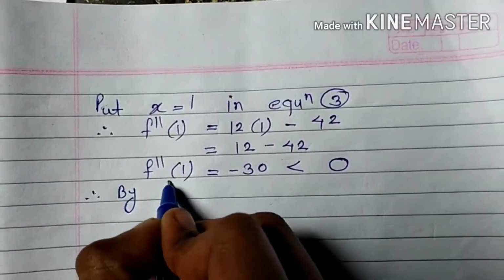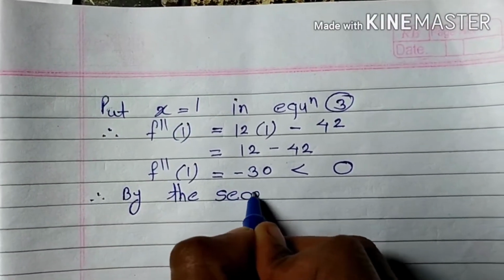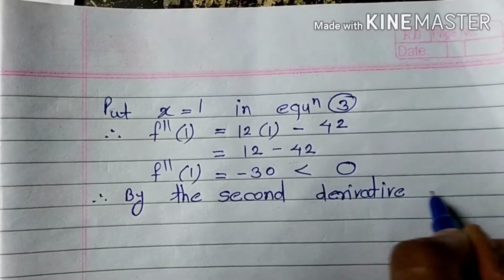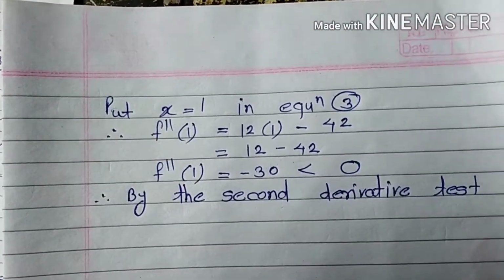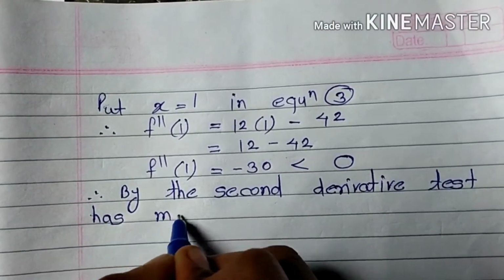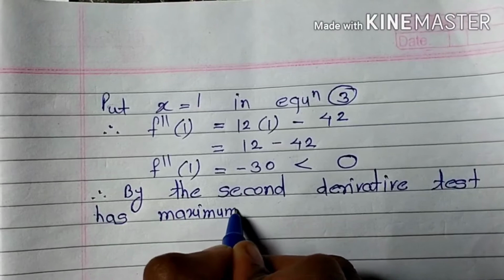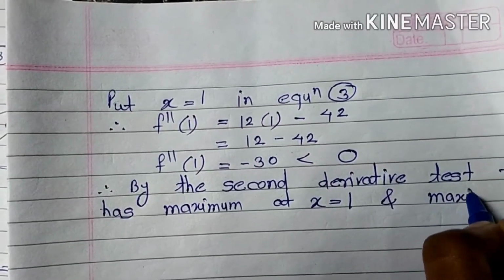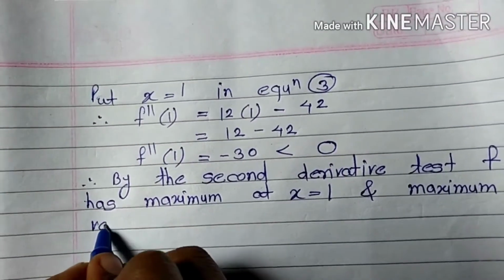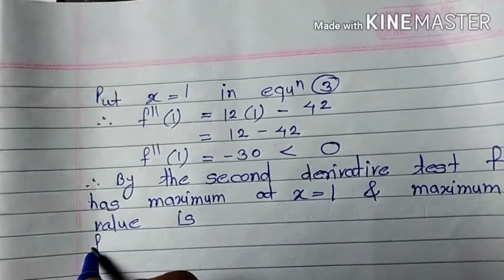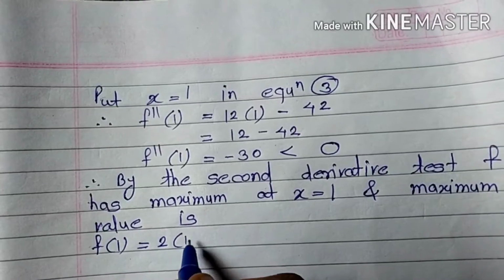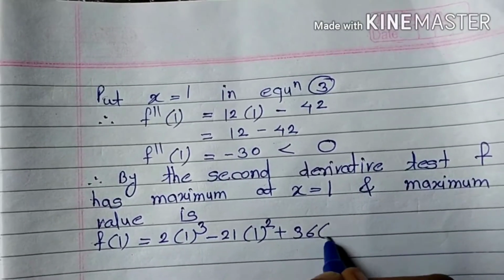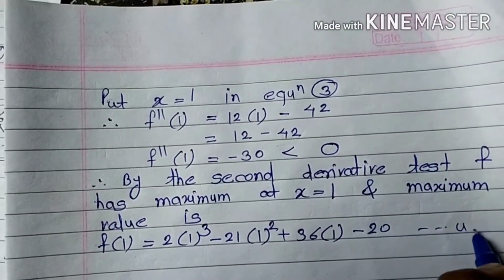Therefore, by the second derivative test, f has maximum at x equal to 1 and maximum value is f of 1 is equal to 2 into 1 cube minus 21 into 1 square plus 36 into 1 minus 20 using first.